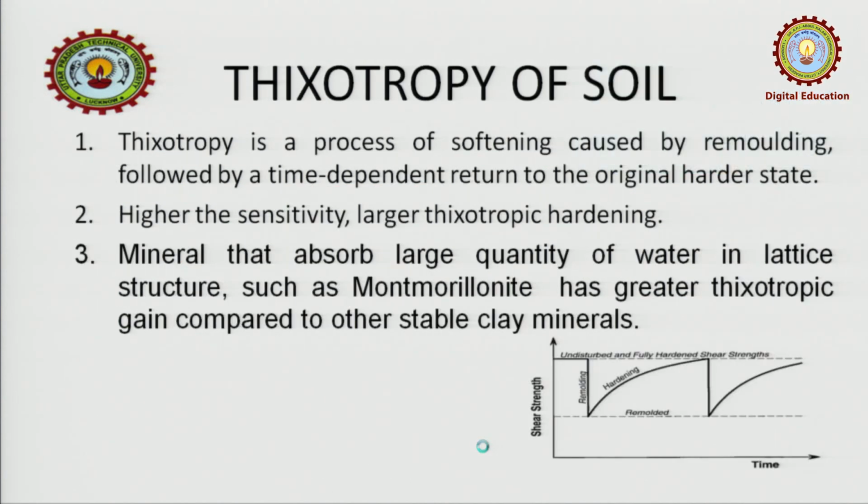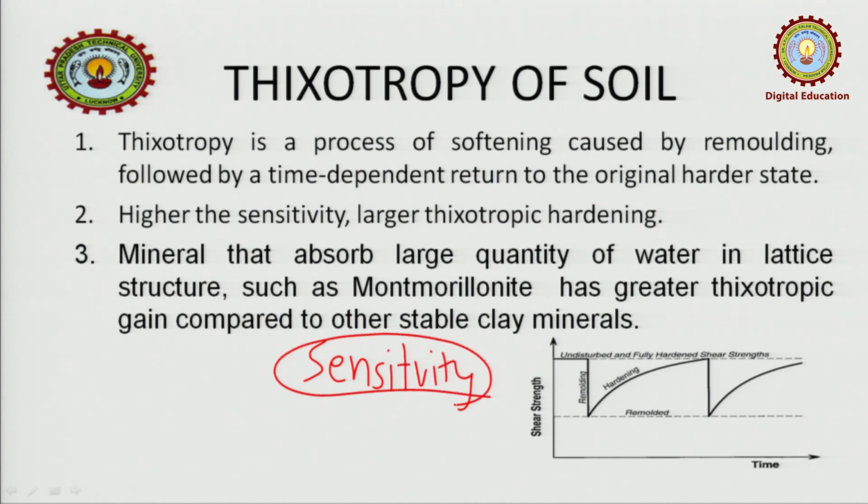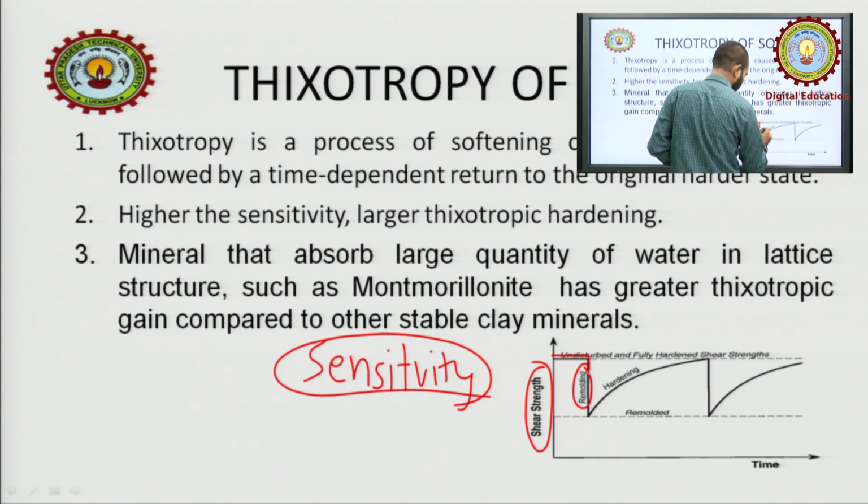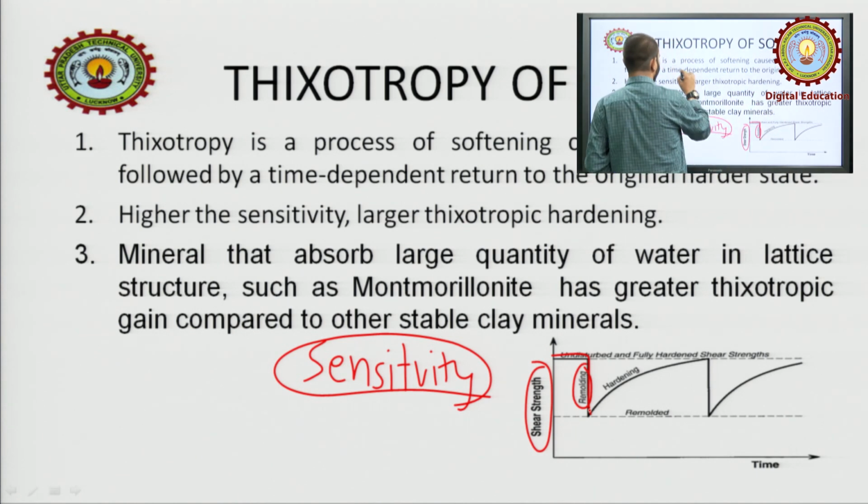Thixotropy. What is thixotropy? The same phenomenon I just talked about is sensitivity. In it, you might remember I told you there is a loss of shear strength upon remolding, but with time what will happen?